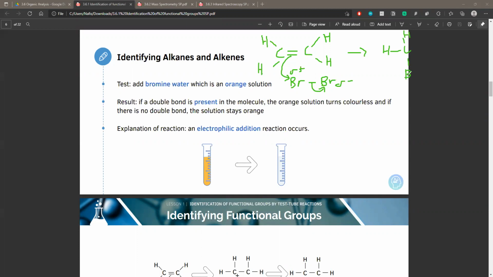It's a bit more challenging. Then these electrons go over to the H, and you end up with the final product.